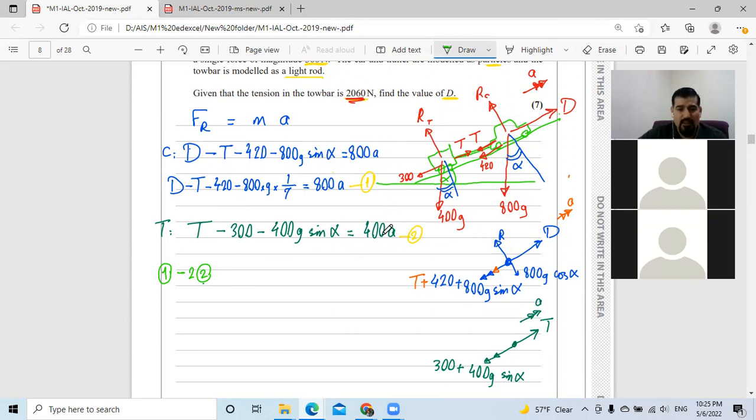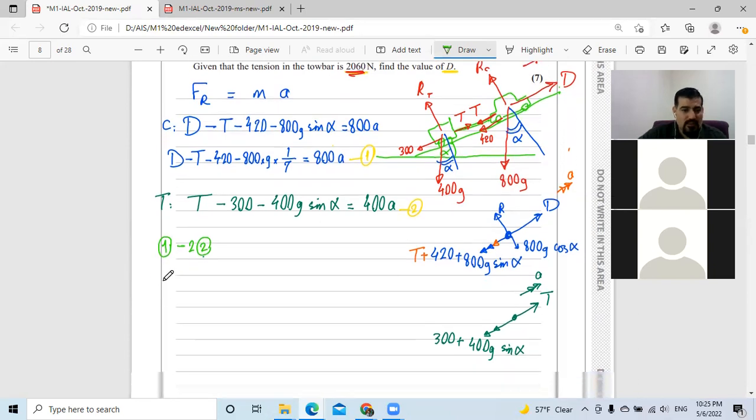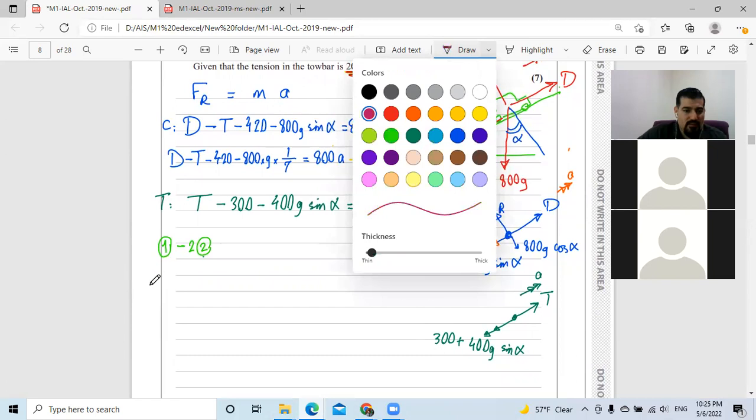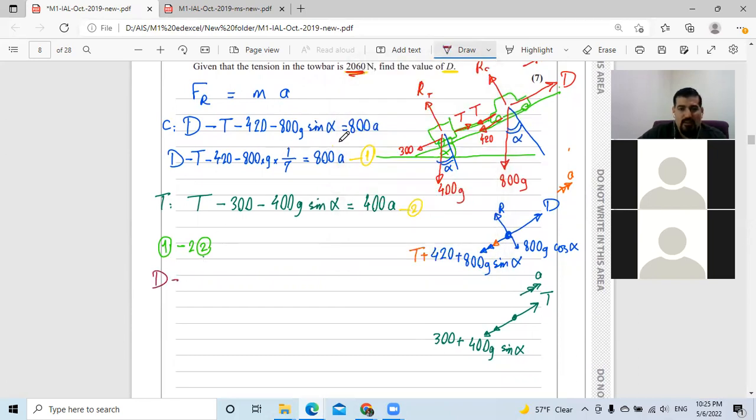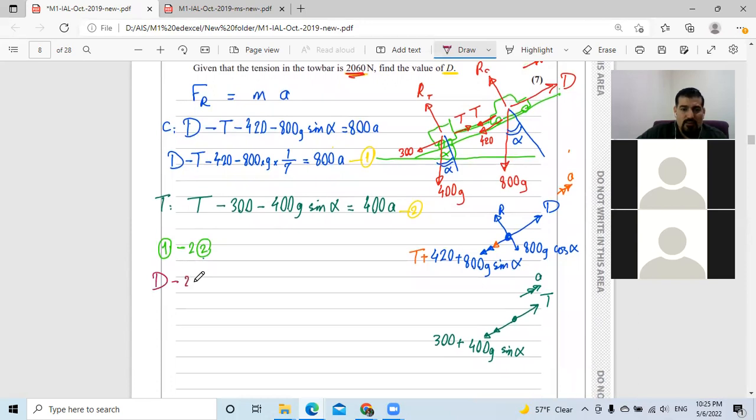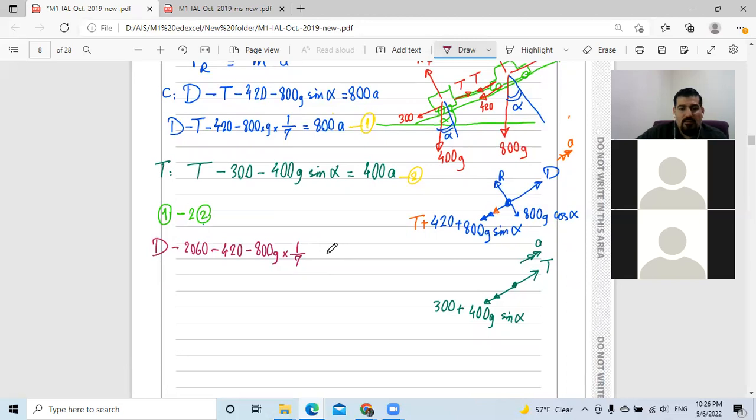800a and the 400a will be negative 800a, so they cancel out. So directly I can find D. D minus the value of the tension, which is 2060, minus 420 minus 800 g multiplied by 1/7, equal to 800a.